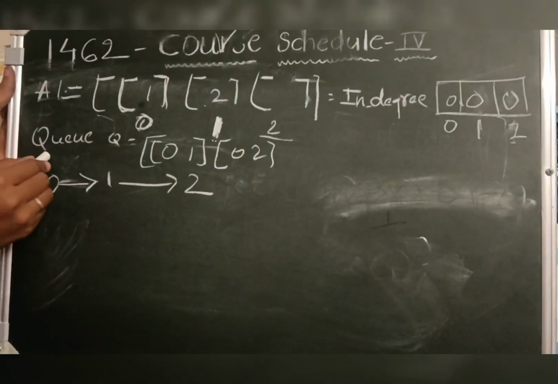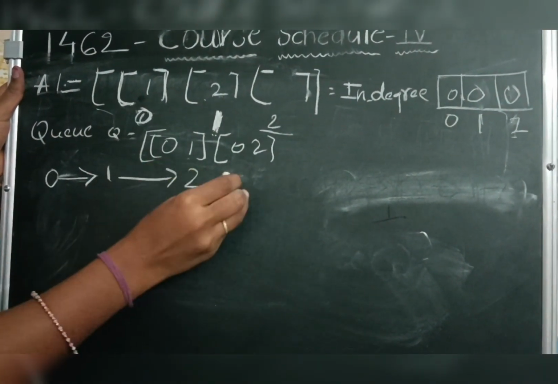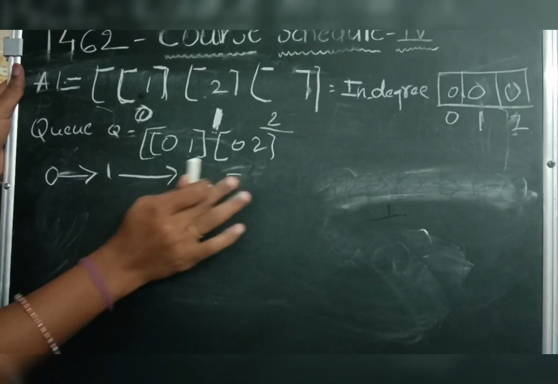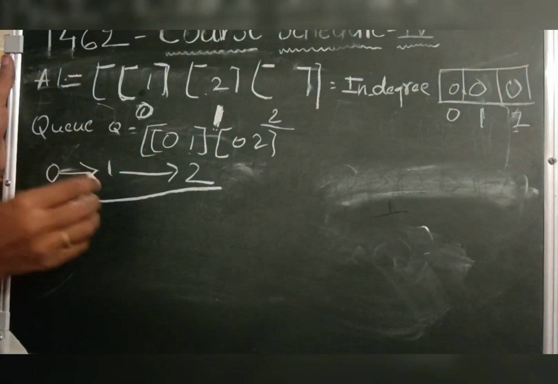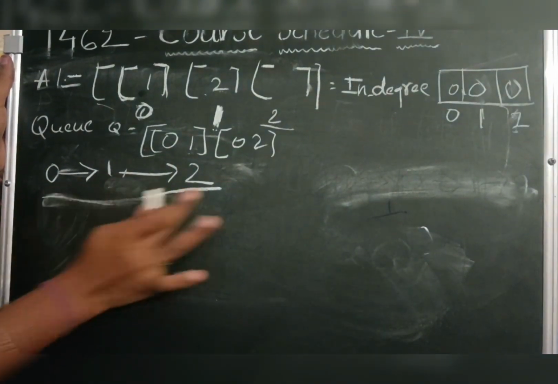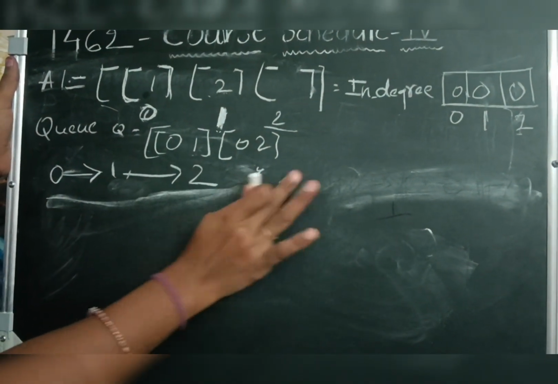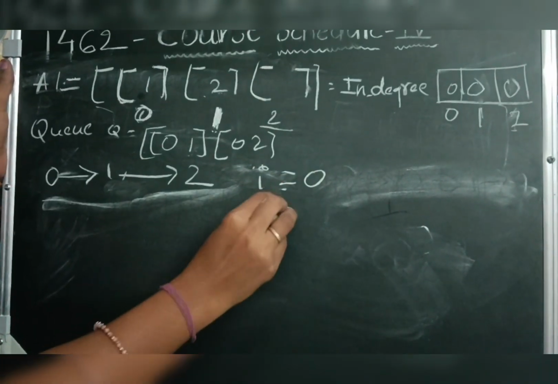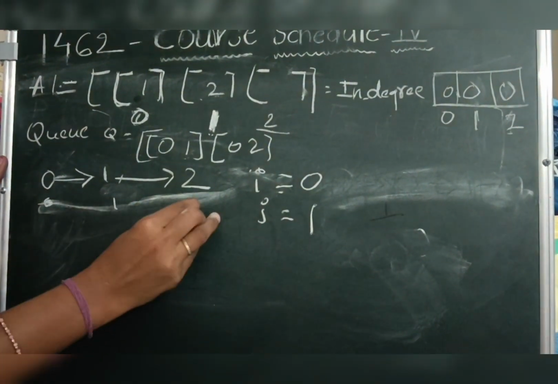Now what you want to print is whether 0 is a prerequisite of 1. Immediately, some students might think: traverse through the topological sort and get the index of these two. For example, take 0 and 1. Let's store them in two variables, i is equal to 0 and j is equal to 1. We traverse. The vertices are 0, 1, 2.